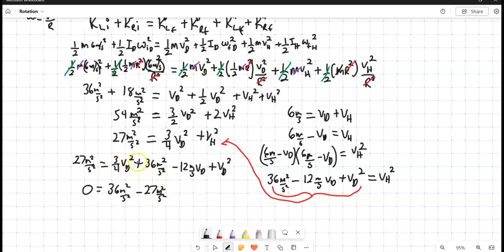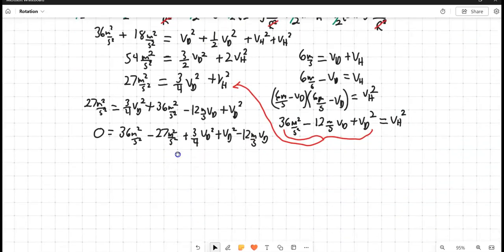And next will come the VDs. This will be plus 3/4 VD squared plus this VD squared. And then finally the negative 12 meters per second VD.